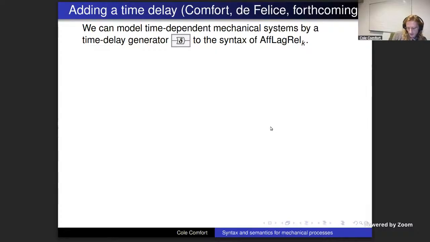No time, and the Hamiltonian is quadratic. This is very restrictive. So I'm trying to build up more and more expressive classes of circuits and physical systems. So the idea is we want to add a single generator to the syntax and think of it as just a discrete delay in time. So just like waiting for a second or something.